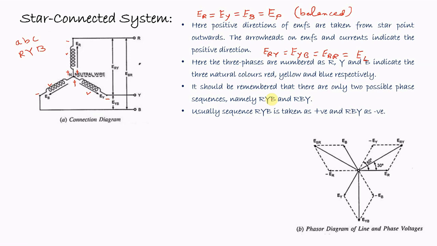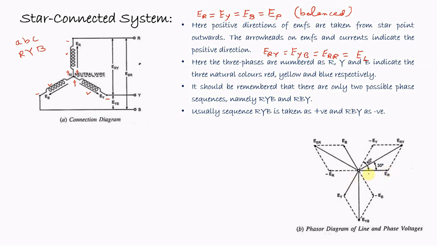So here is the phasor diagram of the three phase voltages. As we have already discussed, it is a balanced system, therefore the EMF induced in each coil will be the same in magnitude. But there will be a 120-degree phase difference between each value. We have considered ER as the reference voltage, so ER is drawn on the positive x-axis.